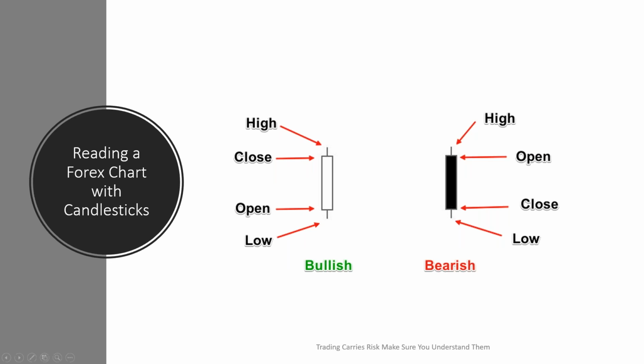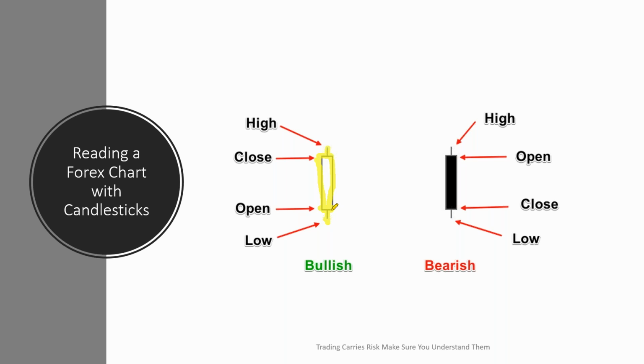So on a candlestick, we do the same thing. We draw the line across at the open. We draw a line across at the close. We put a dot at the high and a dot at the low. We then connect the opens and closes to form the body of a candlestick. We connect that body to the high and the low, and these are called wicks or shadows.